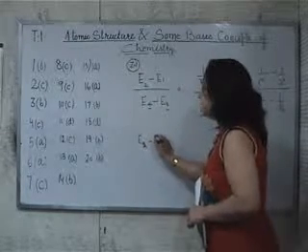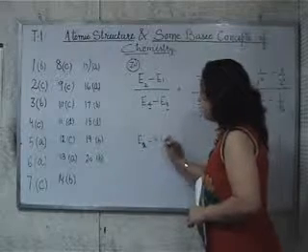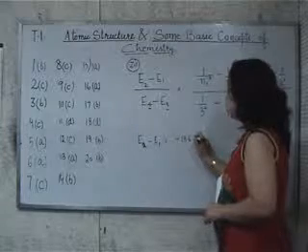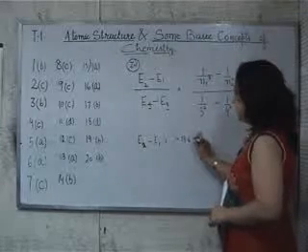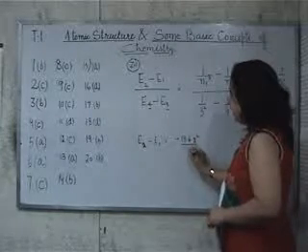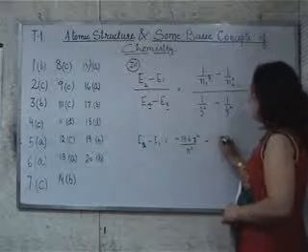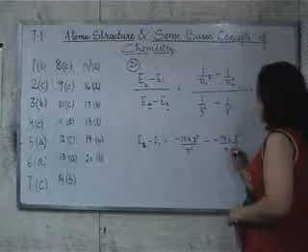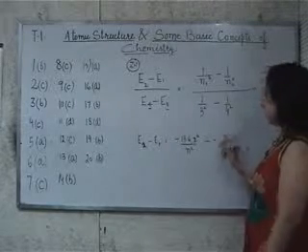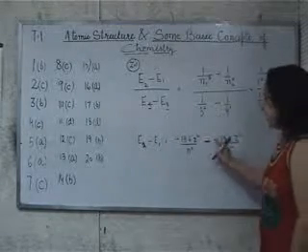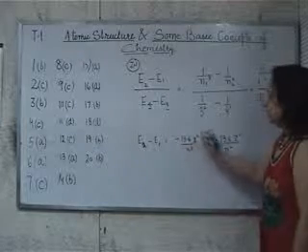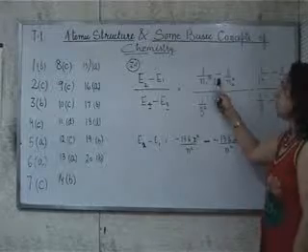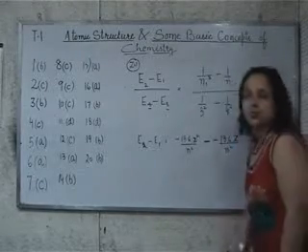So E2 minus E1, how do you find the energy difference? It is a constant, minus 13.6 Z square upon n square. That is the formula. In this formula, as there are negative signs and Z is the same, my value comes out to be 1 by n1 square minus 1 by n2 square.